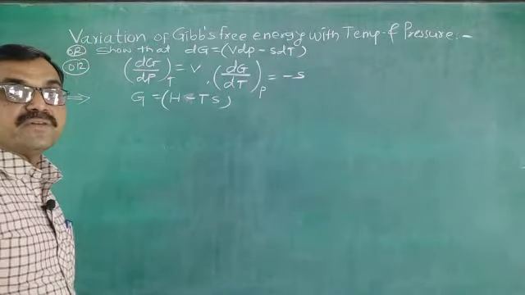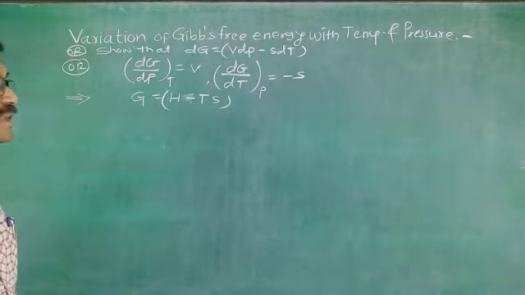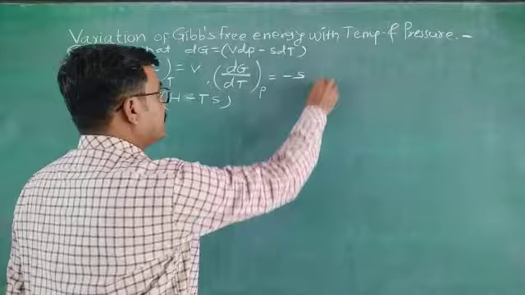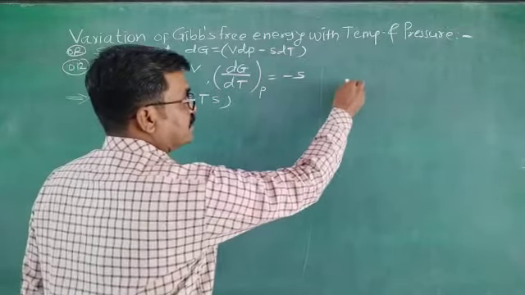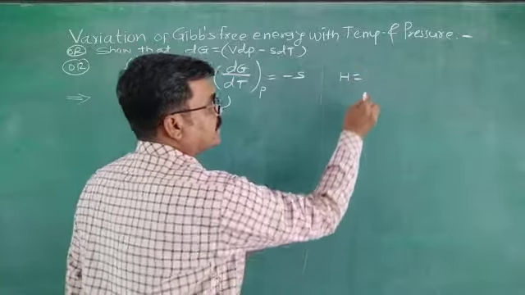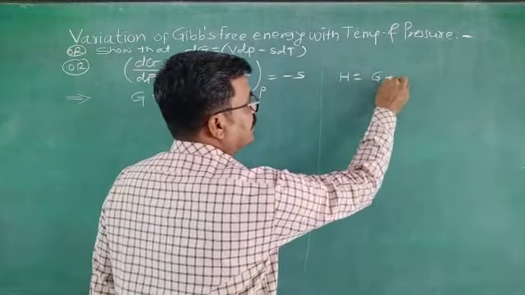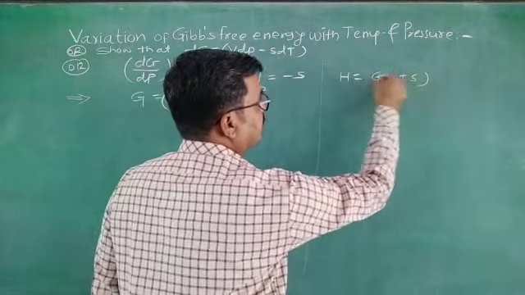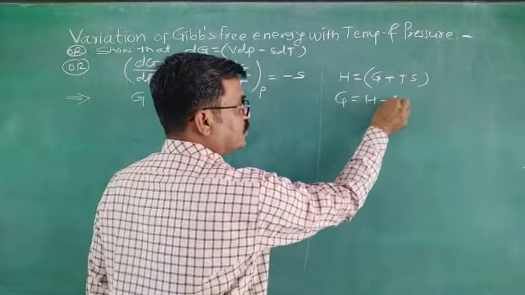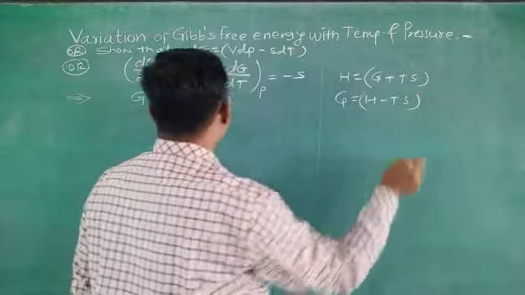This is the definition of Gibbs free energy, because total enthalpy change is nothing but available energy G plus unavailable energy TS.